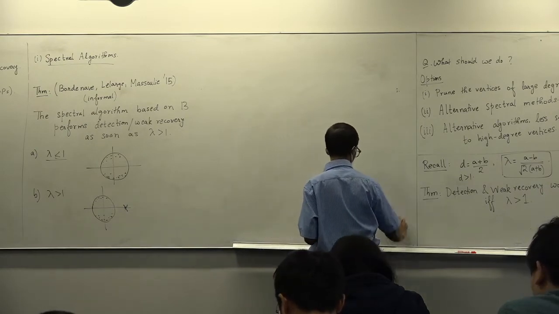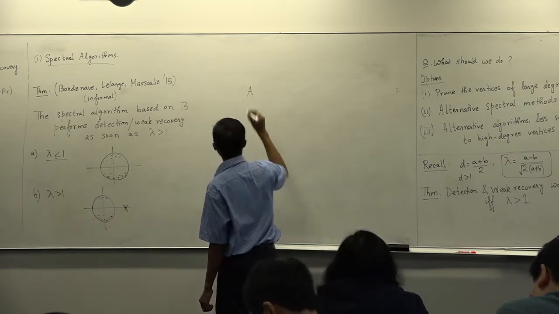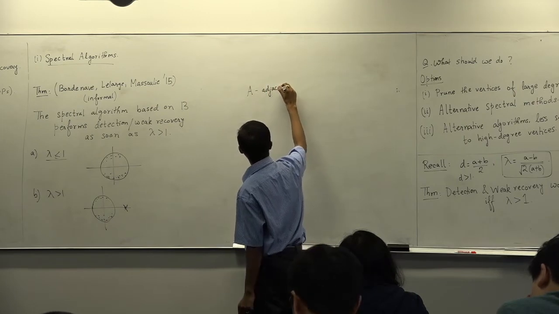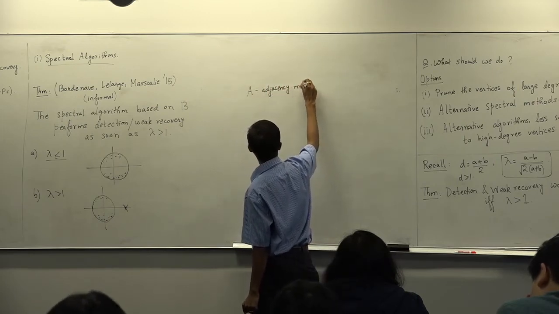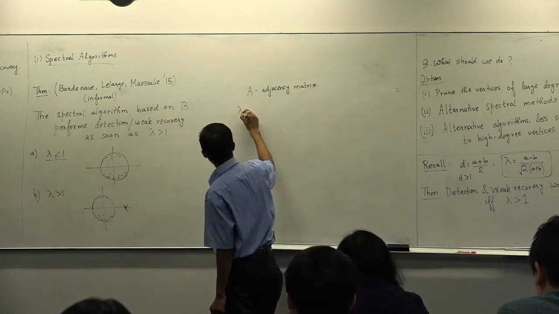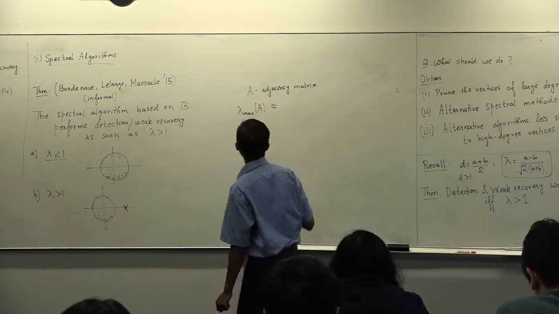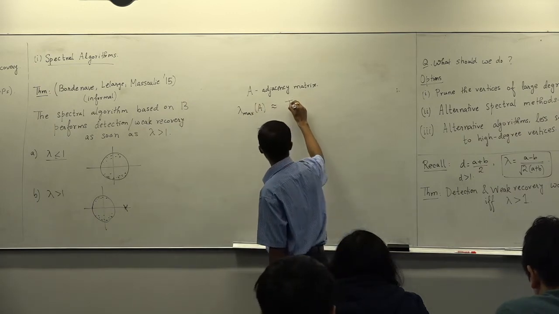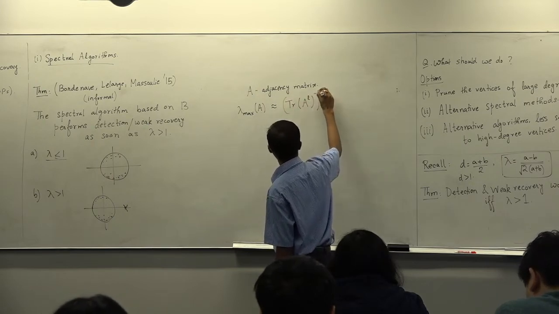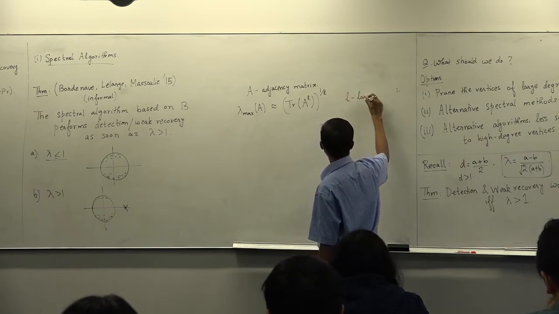Roughly, let's say A is my adjacency matrix. If I want to look at the lambda max of A, this is approximately the trace of A to the L, raised to the 1 over L, for L large, maybe logarithmically large.